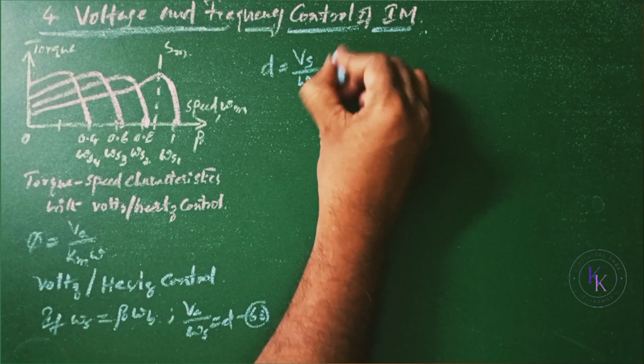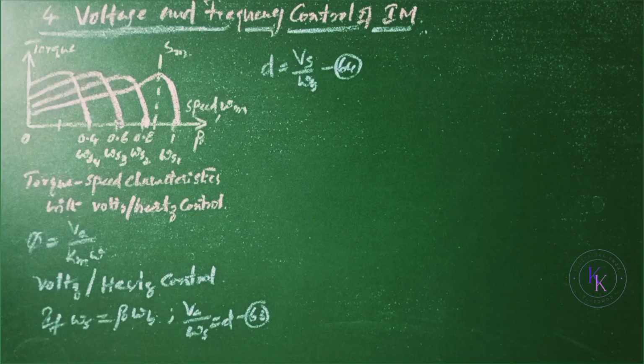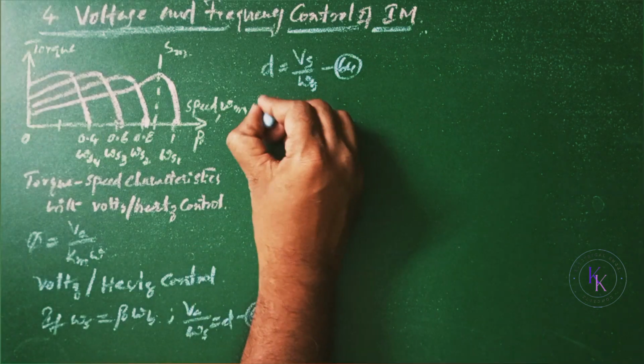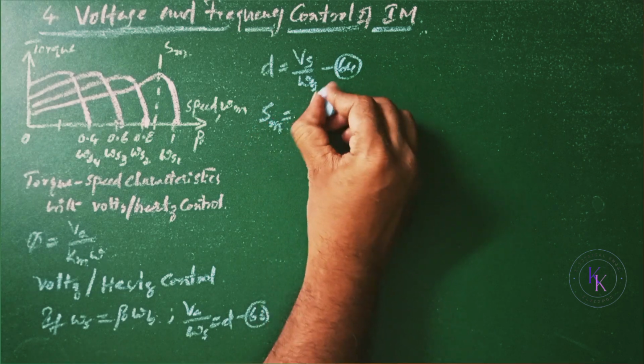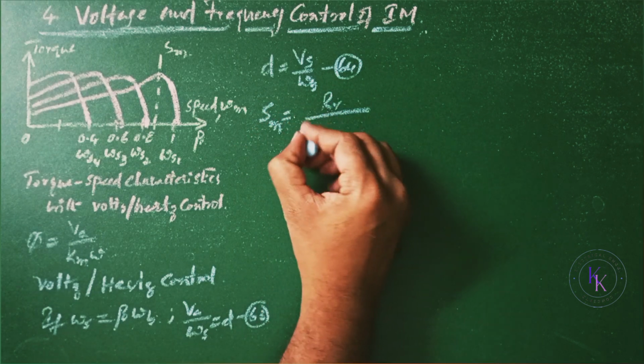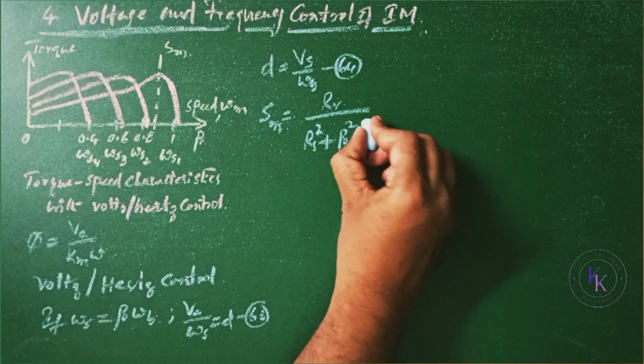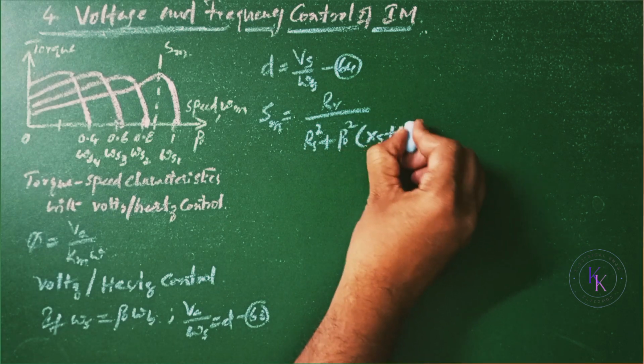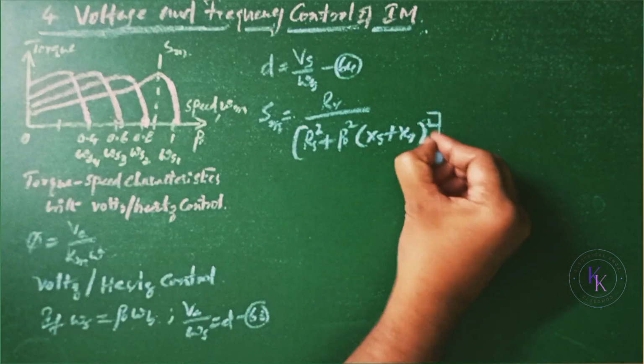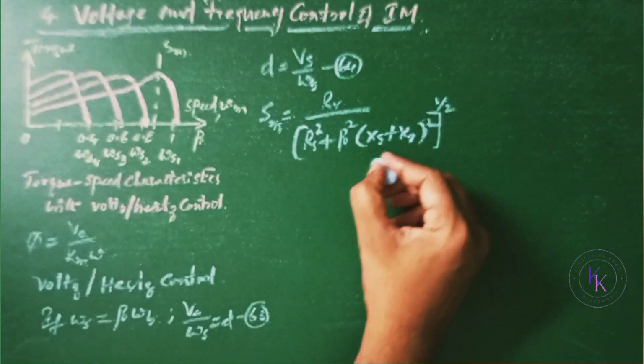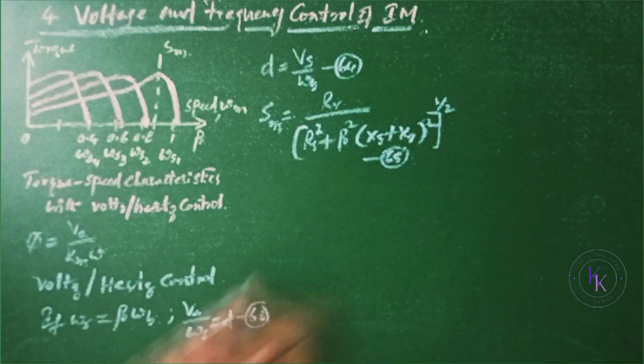Let it be 64. Now substituting Va from equations 56 and 57 into the torque Td, the slip for the maximum torque is given by Sm equals Rr divided by the square root of Rs square plus beta square of (Xs plus Xr) square. Let it be equation number 65.